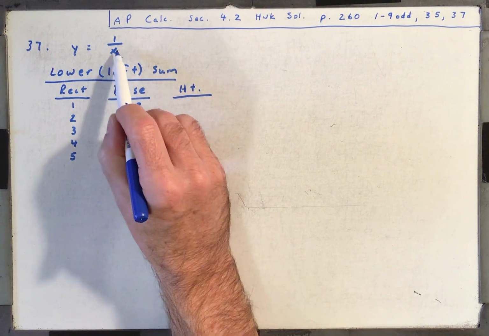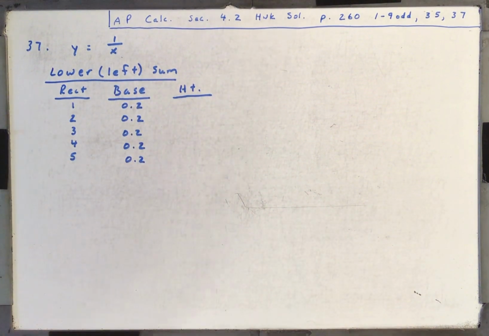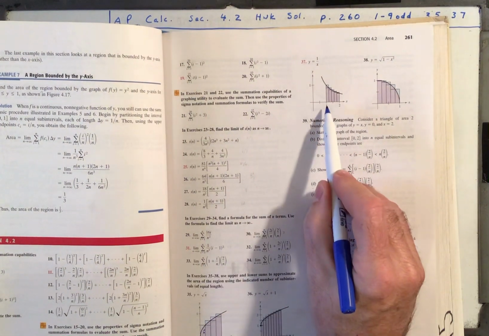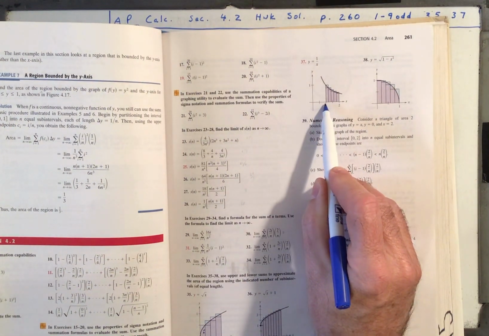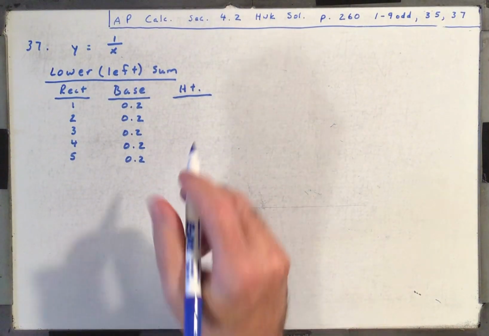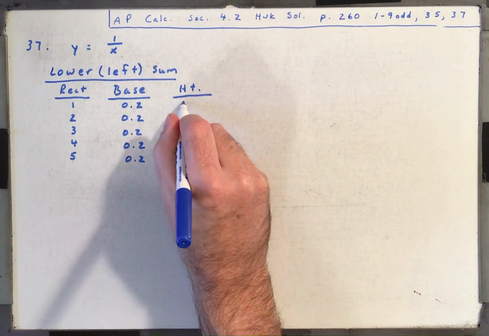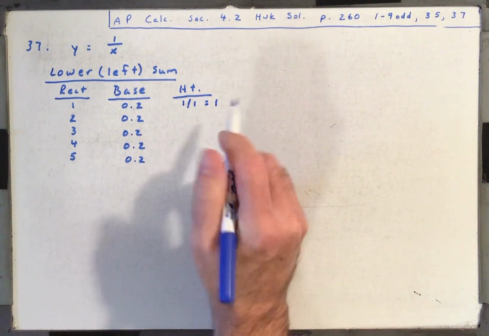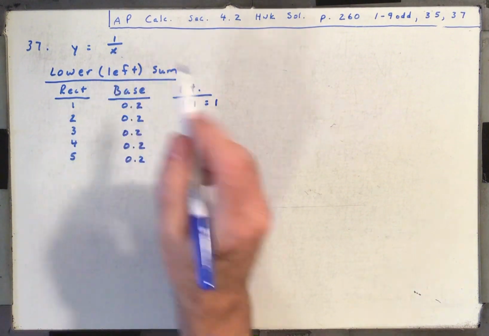Well, if we're using the left sum, right, that's 1 over 1. Our first x is 1. Our second would be 1.2. Our third would be 1.4, and we'd end up at 1.8. So it'd be 1 over 1, which is 1. So I'm just plugging into this equation.